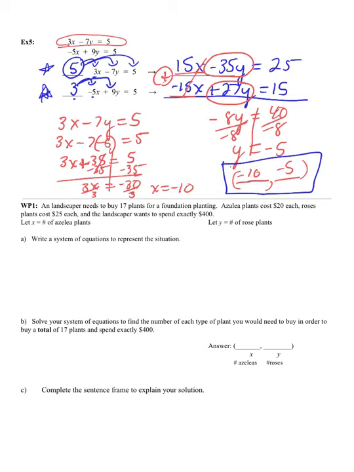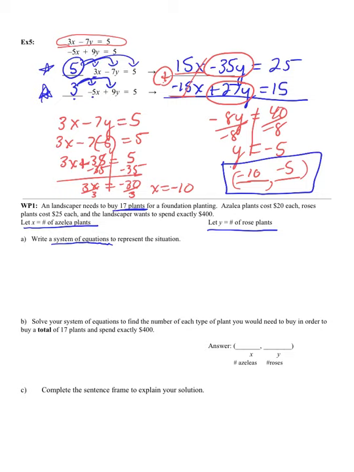So we are going to define the variables. We're going to let x equal the number of azalea plants, y equal the number of rose plants, all right? So we need to write a system of equations, and a system of equations implies more than one, okay? I would underline what's important in this. So 17 plants, right?